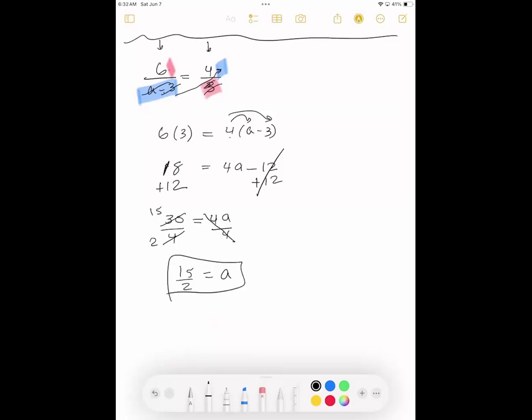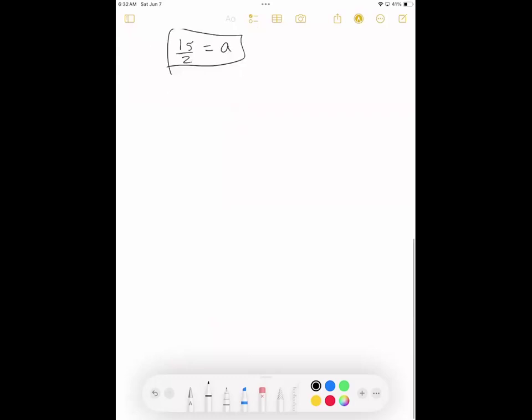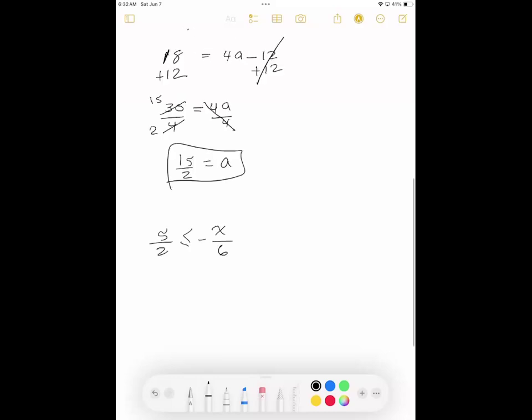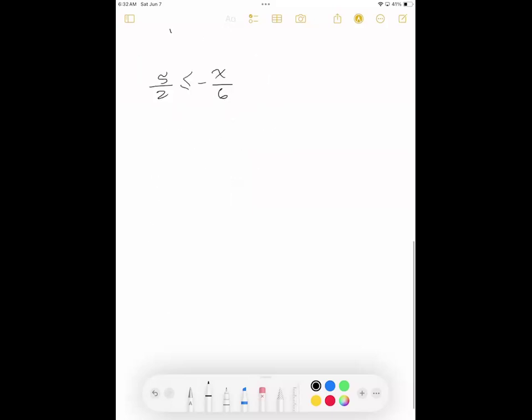The next problem we have is 5 over 2 less than or equal to x minus x over 6. So again, these two problems are very similar because we have a fraction on this side, a fraction on this side.